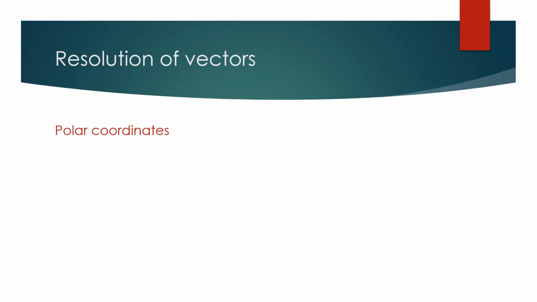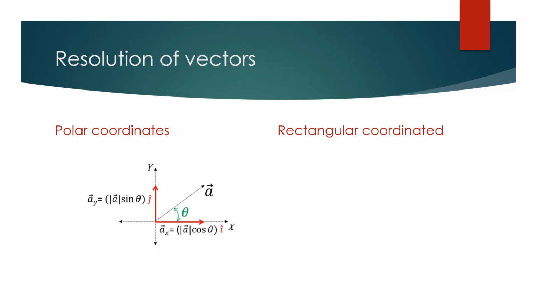The resolution of vectors. They are resolved in two ways. One is polar coordinates, and the other is rectangular coordinates. Suppose you have a vector A, we resolve it along the x-axis and the y-axis. Resolution of A along the x-axis is A cos theta, and along the y-axis it is A sin theta.